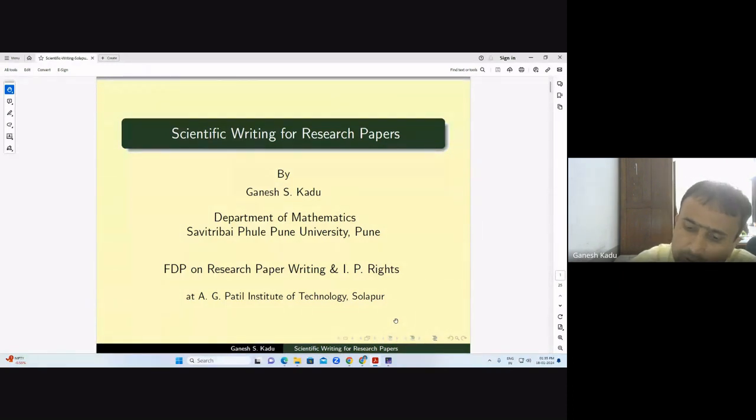I have taught engineering students at the College of Engineering, Pune for about a year, but beyond that I don't have much experience, particularly since the topic of this FDP is research paper writing and IP rights.